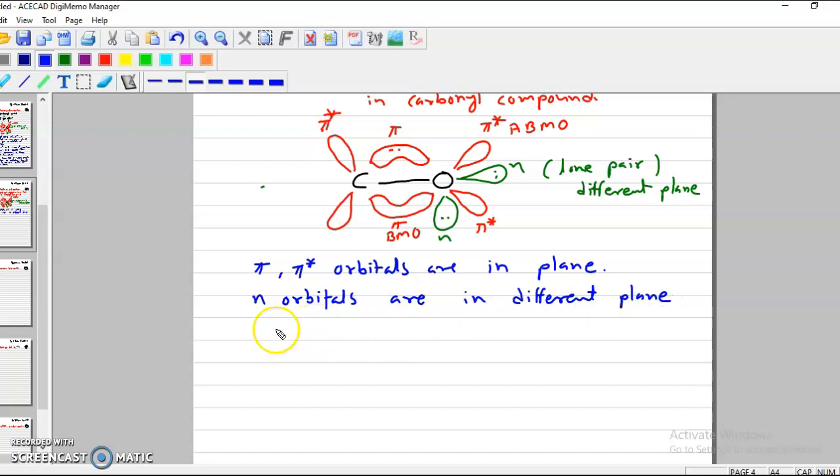That means the plane of pi and pi star and n orbitals are different.